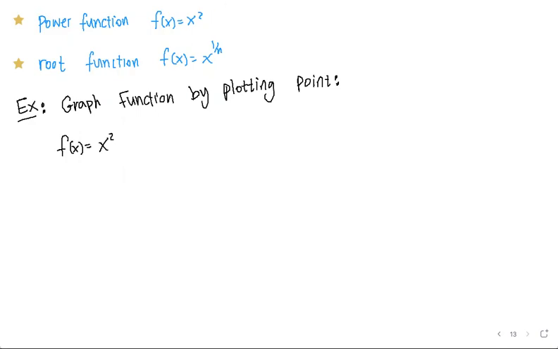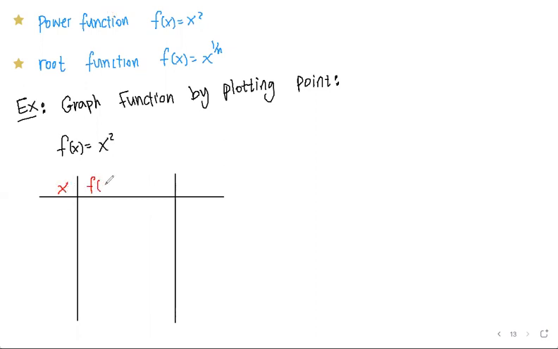Exactly like equations from the previous chapter, we take an x point, plug it inside the formula, and get the ordered pair. So this is my x here, f of x equals x squared, and here I get x comma y.